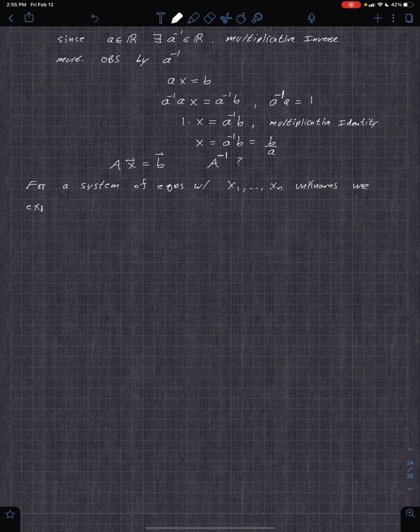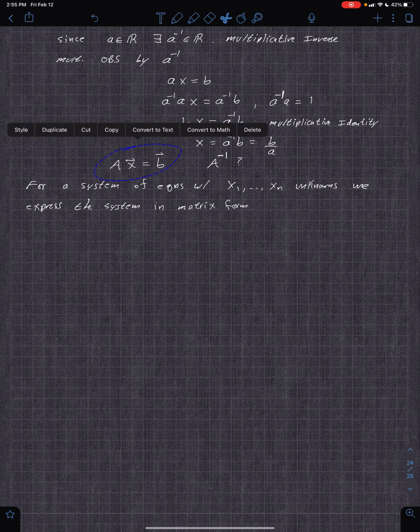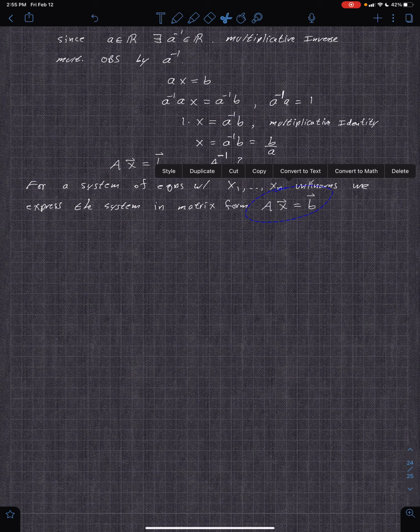So we did that. This is our matrix form. Let's just put that here, right? Duplicate that. And that's called our matrix equation. So our matrix equation looks like that.